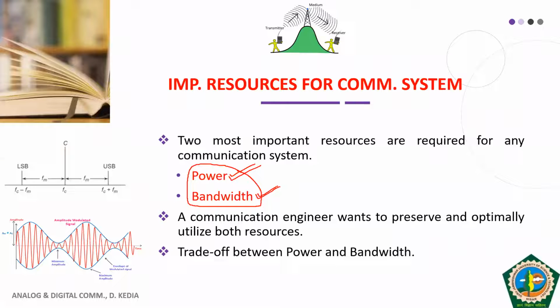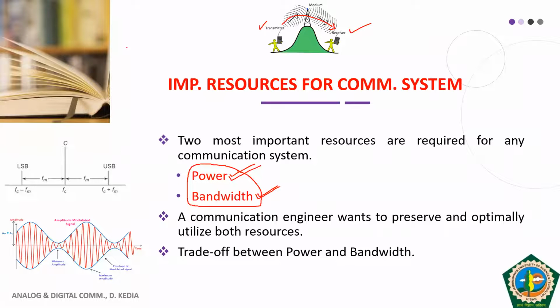To clarify the concept of bandwidth further, we all know that in any communication system we have a transmitter and a receiver, and our signal is moving from transmitter to receiver. It is the bandwidth that helps my signal to travel from transmitter to receiver.